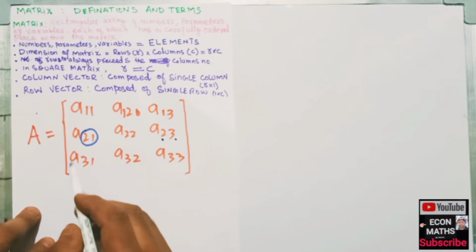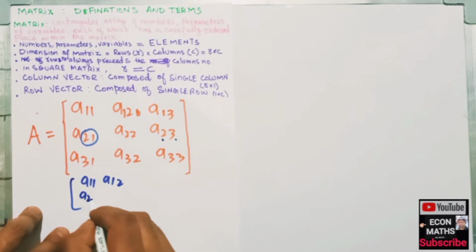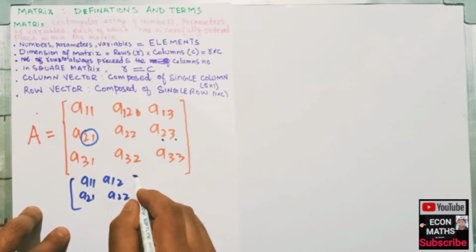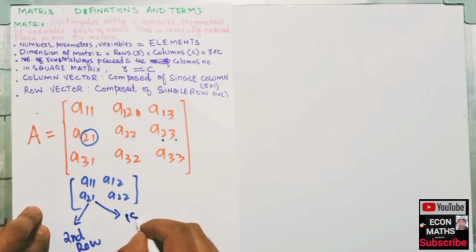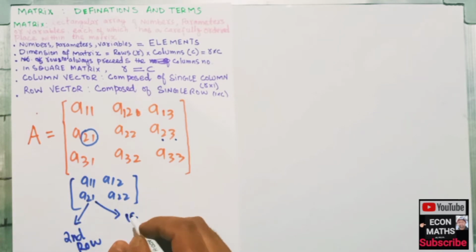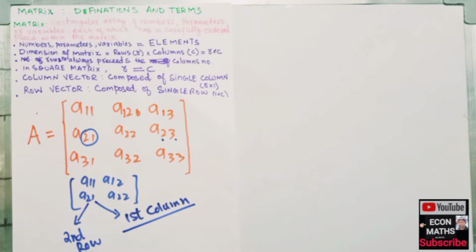If I have another example, like A11, A12, A21 and A22, this 2 tells us that this element is in the second row, and this one tells us this element is in the first column. So these subscripts give us the address or placement of the element within the matrix.